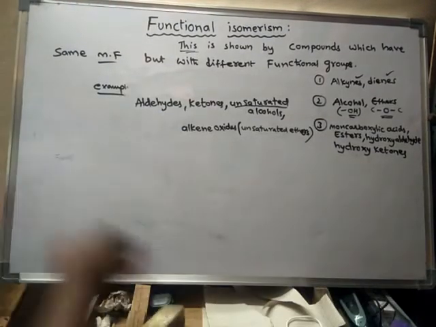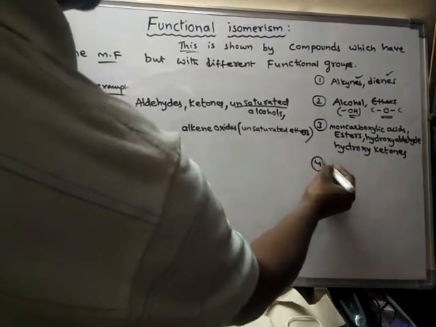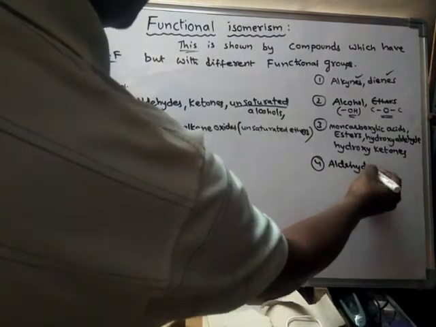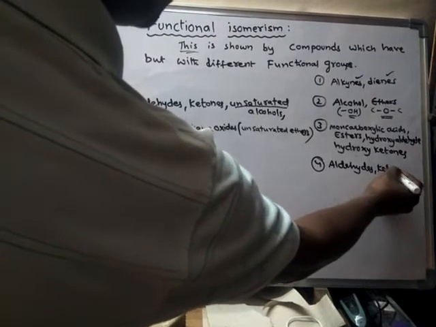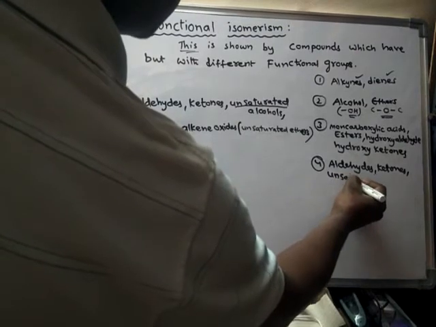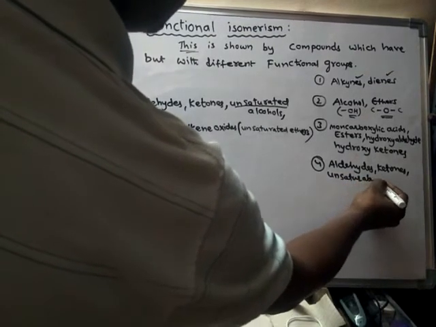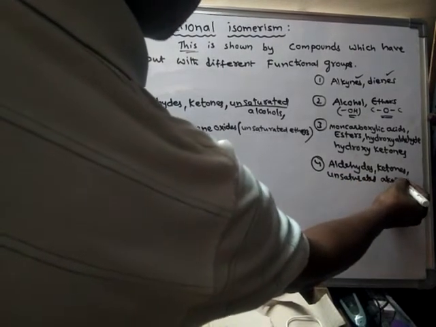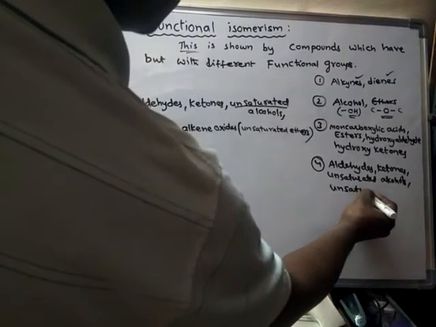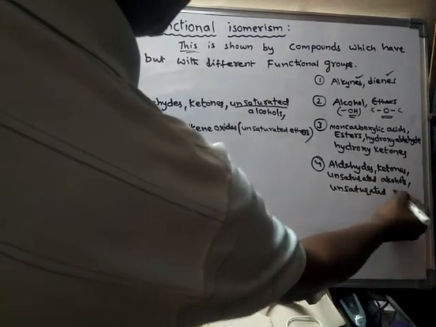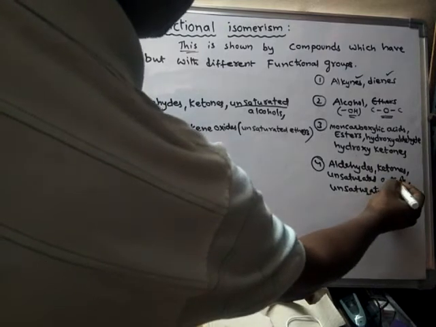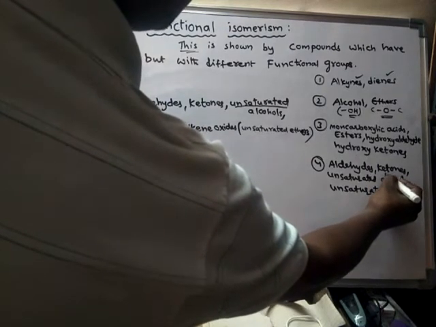So the fourth type of example we learnt: aldehydes are functional isomers to ketones, unsaturated alcohols, and unsaturated ethers.